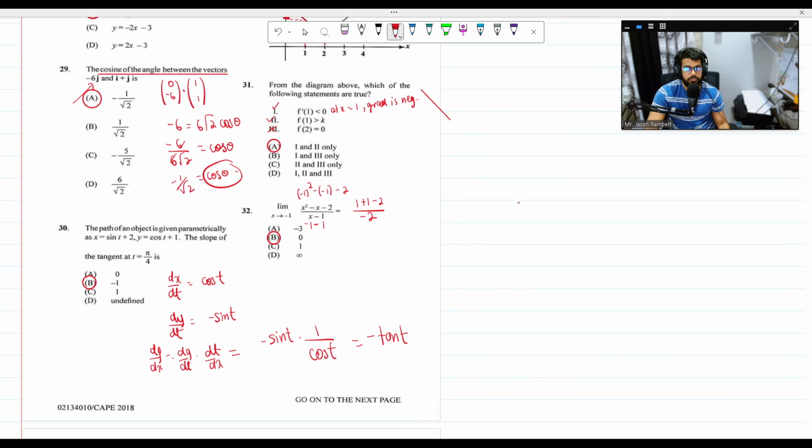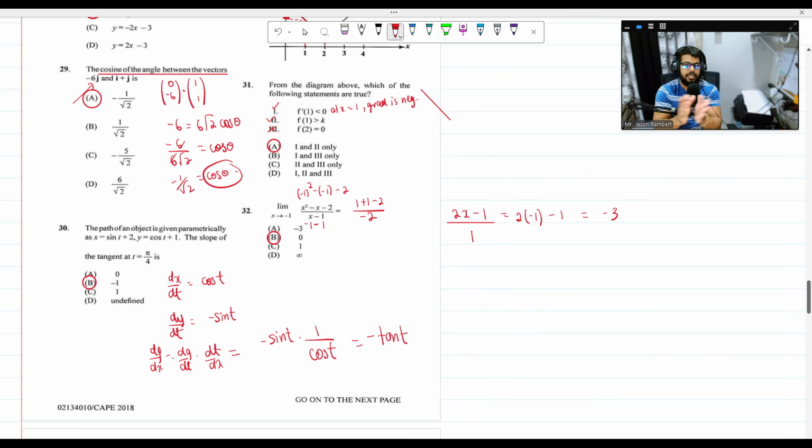Now, if I used L'Hopital, this is how I'm going to use it. I'll differentiate the numerator, 2x minus 1. Then I'll differentiate the denominator to just get 1. Then I'll plug in the limit. So I'm going to get 2 into minus 1, minus 1. And this is going to give me minus 3. So you see how the question gave us an option as minus 3.